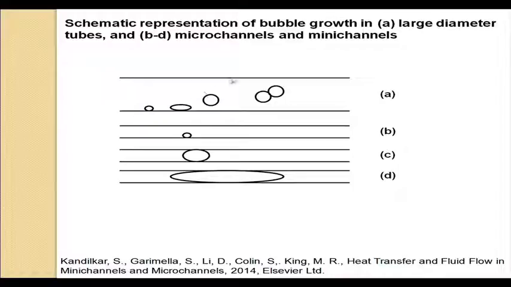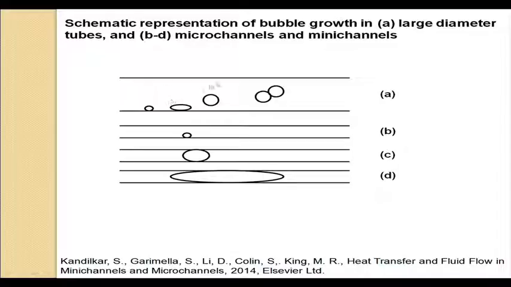Let us see. This is the situation for a larger channel. In this case, there are a number of nucleation sites. Bubbles start forming in the nucleation sites. Initially, the bubbles are spherical, then gradually they start growing larger. As they grow larger, they detach from the wall and they rise due to gravity.